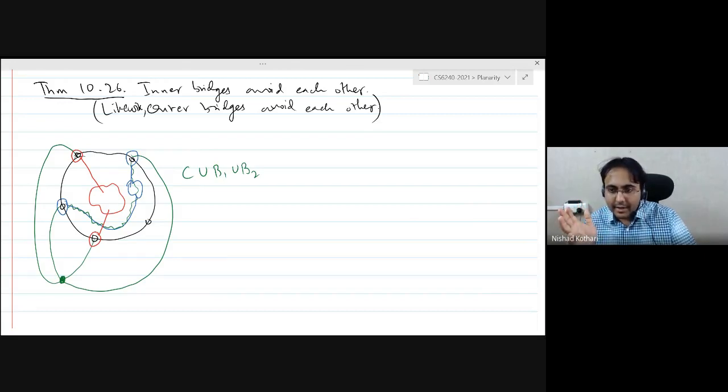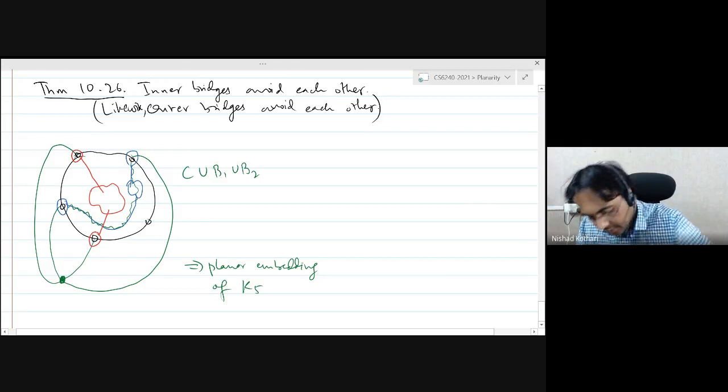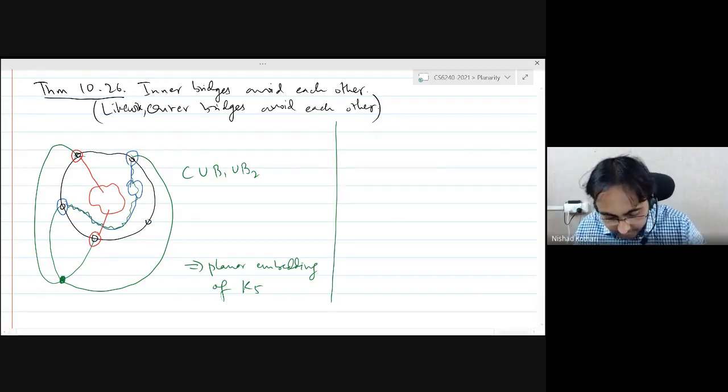In this case, you will get a planar embedding of K3,3 by putting a vertex in the outside and joining it to the three vertices of attachment. Okay, so this will give you a planar embedding of K5. And in the other case, I will just make a quick drawing.